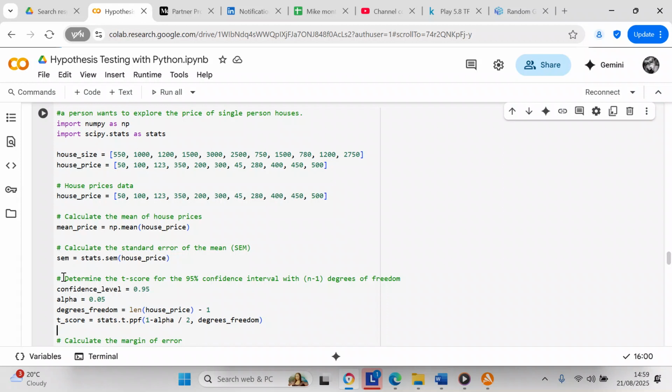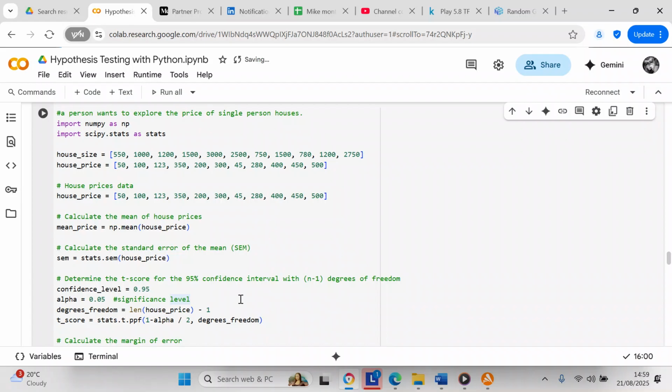Your alpha, which is also your significance level, is 0.05. Your degrees of freedom is the length of the house price minus 1, so that's going to be 10.